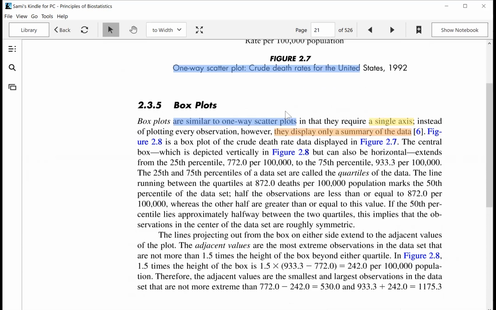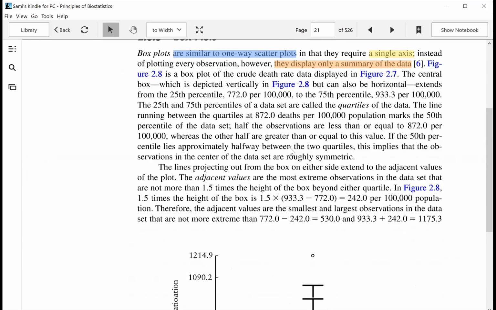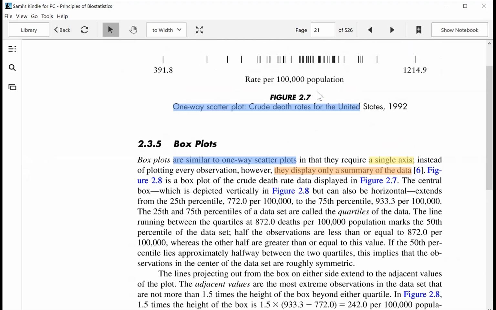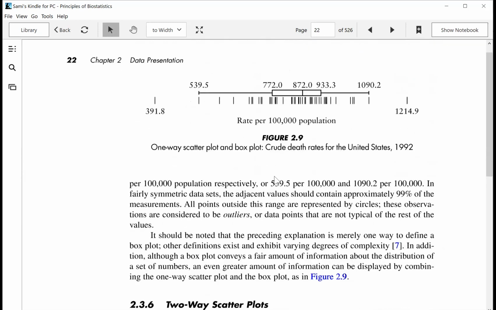You can see it here, figure 2.8. Here you also get a one-way scatter plot and a box plot. This is the one-way scatter plot, and this is the box plot.